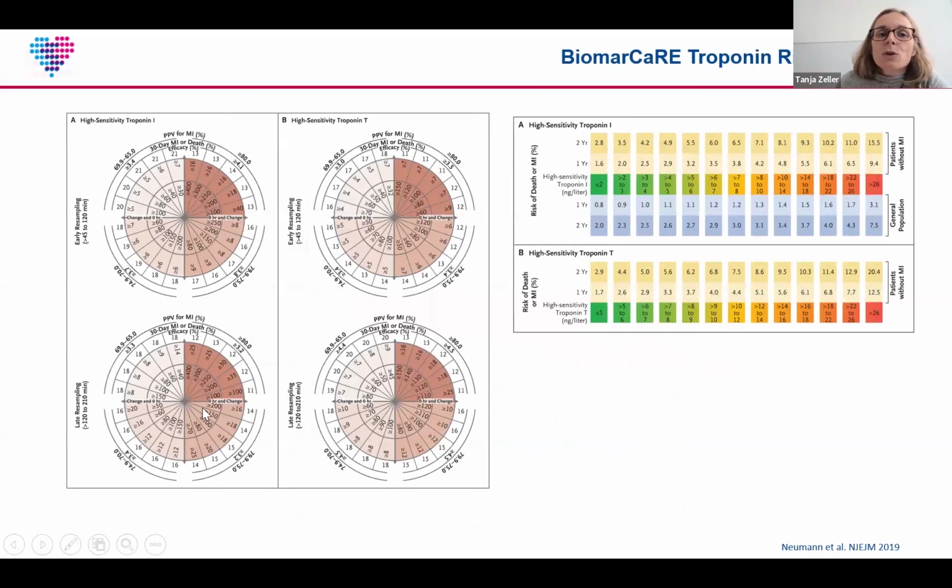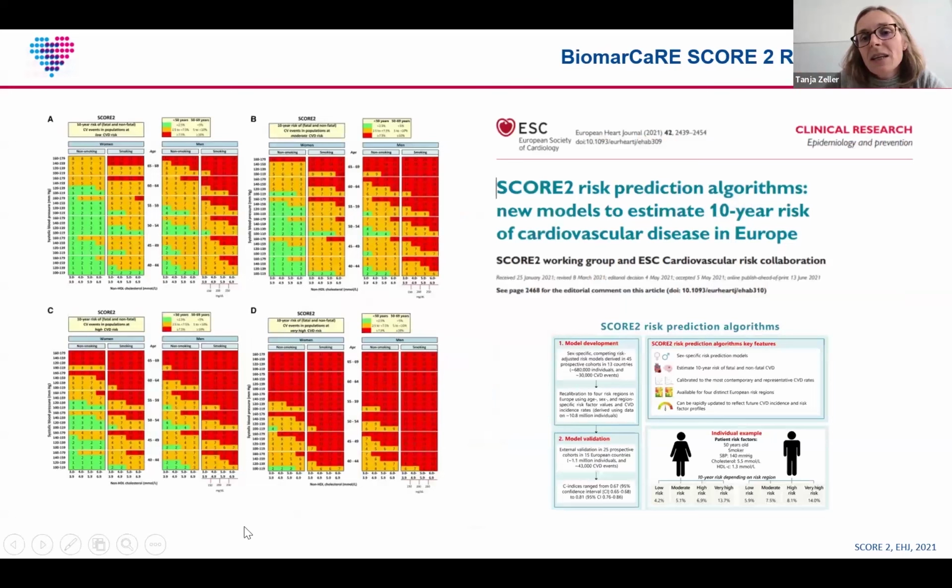And we were able to establish kind of a compass for the clinic and also for the physicians to gather the information for people who might be at risk. And in the end, we were able to add these data to the SCORE project, the risk prediction algorithm, which is currently used also within Europe.